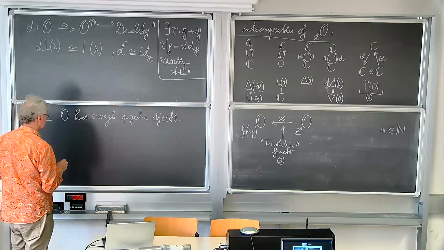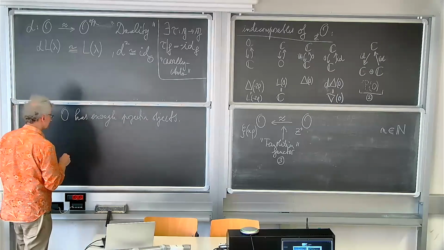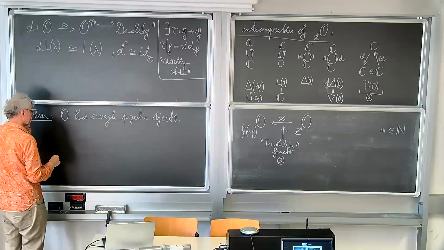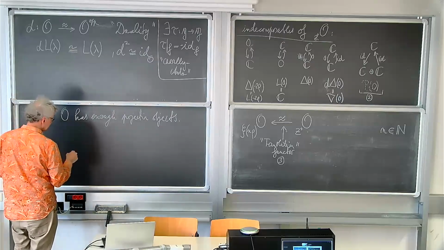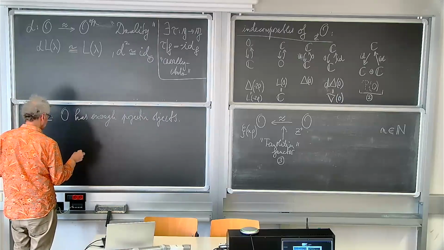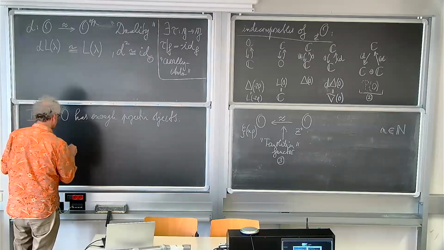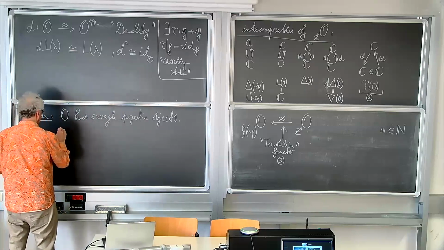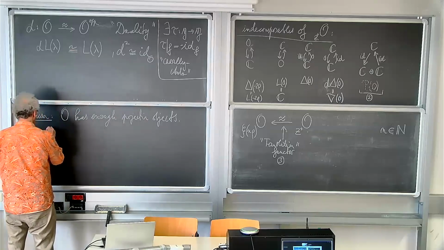That's a pity, though. But what can I do? So I claim this has enough projective objects. Maybe I'll say something about it later. And there's more that is true.